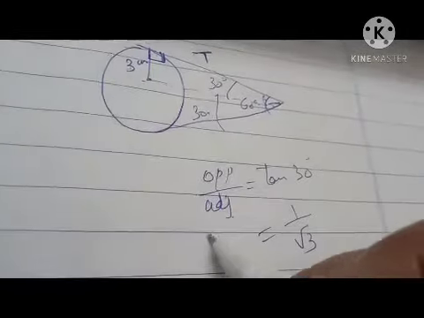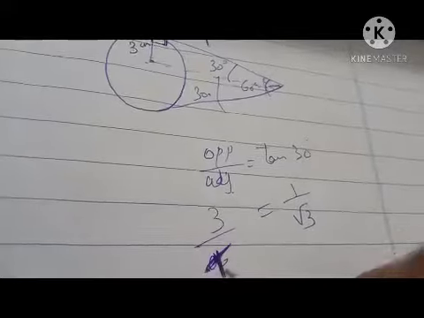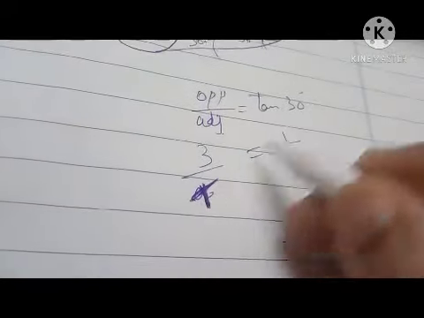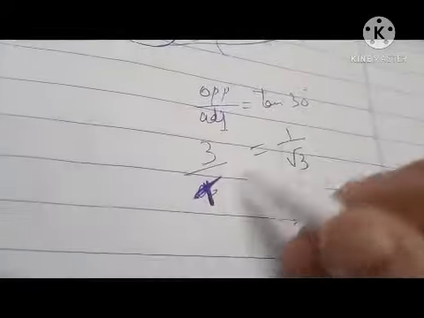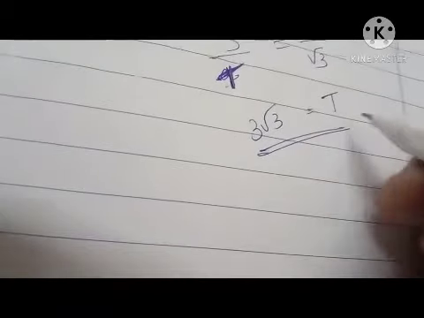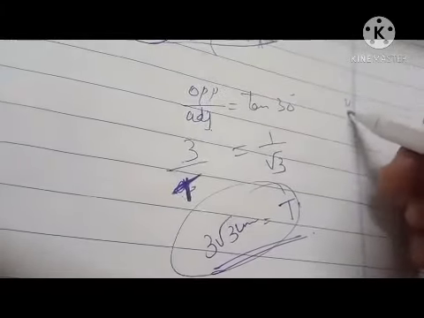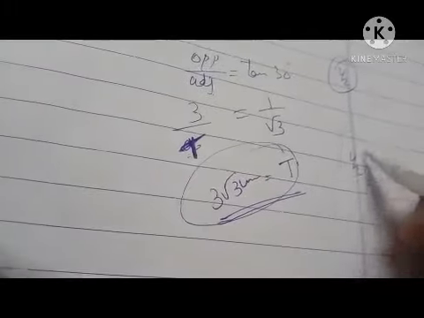So opposite side is 3. The adjacent side we have to find, that is t, the length of the tangent. Then we can transpose this t to here. So 1 into t becomes t. 3 into root 3 is 3 root 3. So what will be the length of the tangent here? 3 root 3 centimeter. So there is half mark for this and half for this.